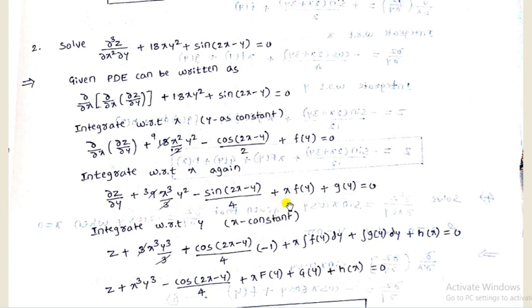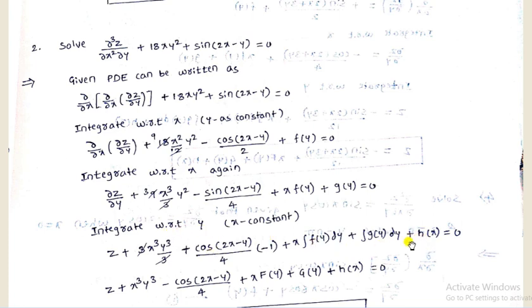Then x into integration of f of y into dy plus integration of g of y dy, plus we add an arbitrary constant h of x here because we are integrating with respect to y.